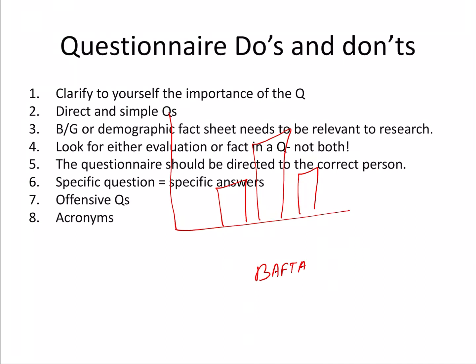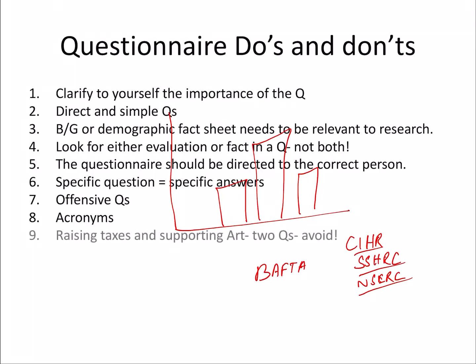Or let's say you're talking about the research agencies and taxes going towards funding, and you ask a question regarding the CIHR, SSHRC, or NSERC, and this question is being handed out to the average person, these acronyms are confusing. The issue with handing out a question with acronyms is if people don't know what those acronyms are, there's a very good chance that they will either wrongly answer the question or choose not to answer it at all.